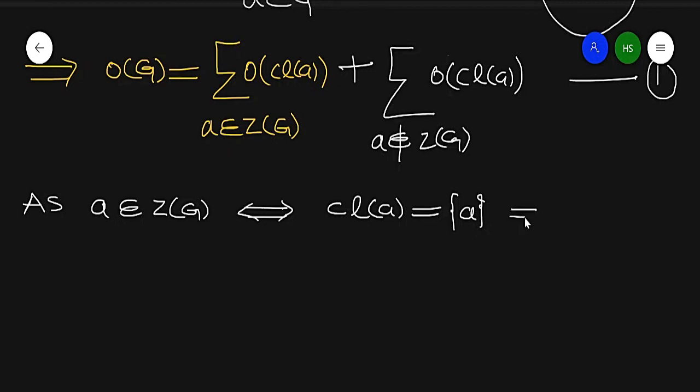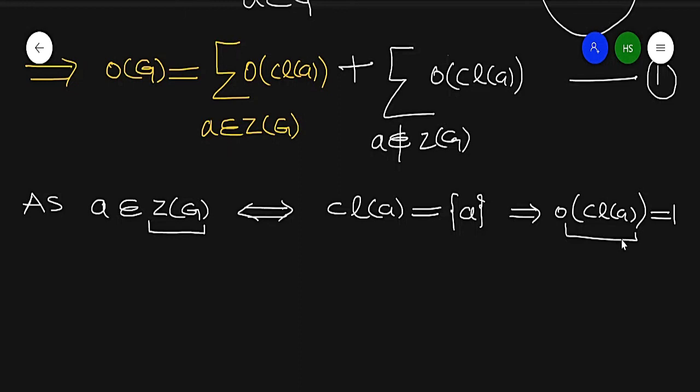So it implies order of class of A is equal to 1. For one element of the center of G, there is one element in the concerned class.